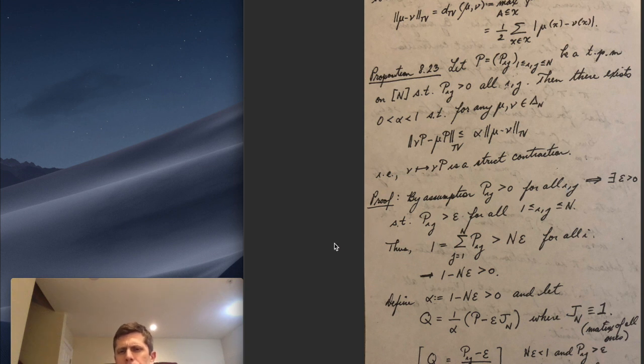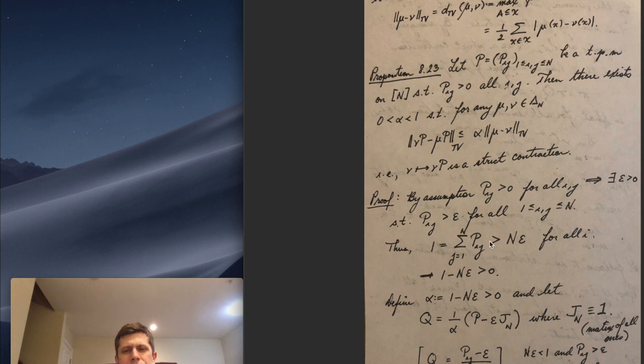And here's the proof. By assumption, all the entries are strictly positive, so there's some positive epsilon that all entries are strictly bigger than. We know that the sum of each row is 1, because it's a probability distribution, it's a stochastic matrix.